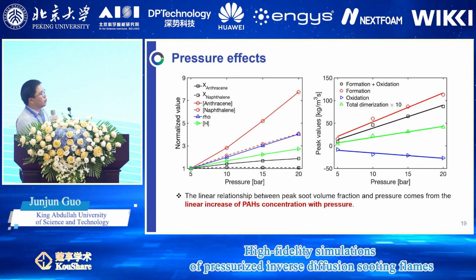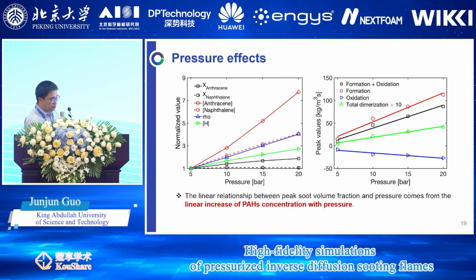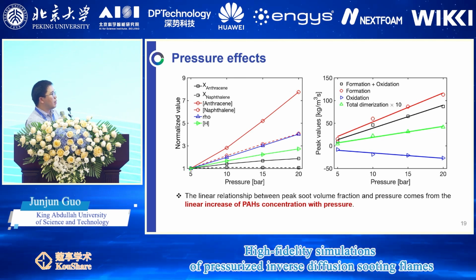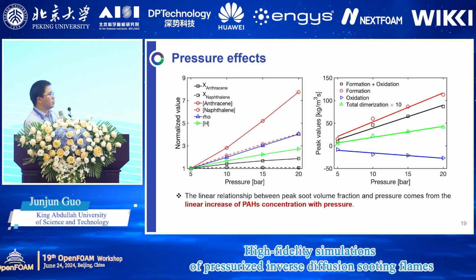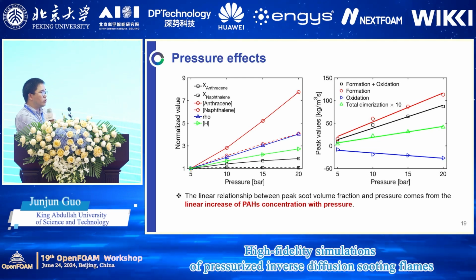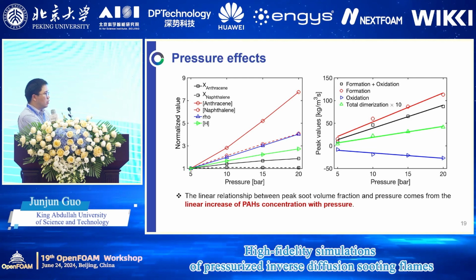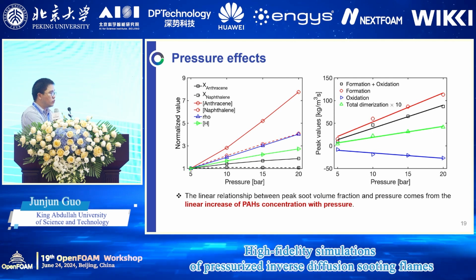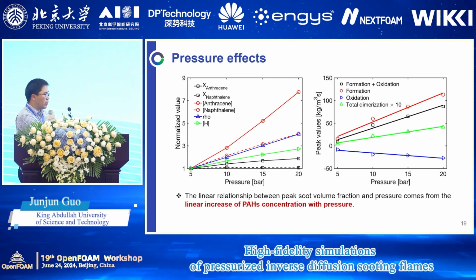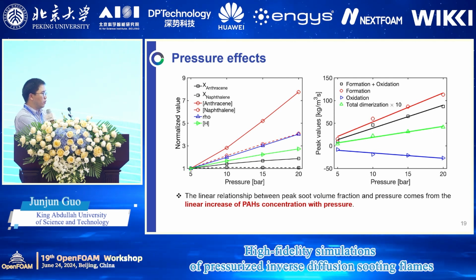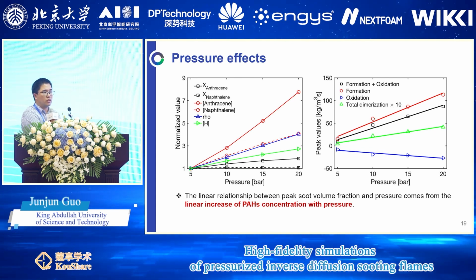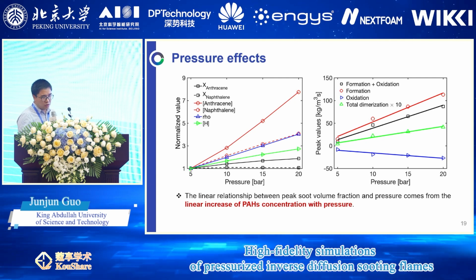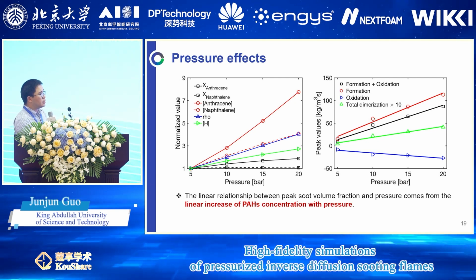And also, if you look at the formation pathway of the soot and also the oxidation and also the dimerization, they all show the linear relationship. So this means that this linear relationship between the soot and the pressure originally comes from the increase of the PAH concentration with pressure, which is directly changed by the density increase.